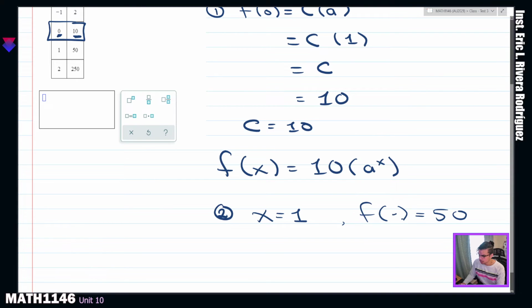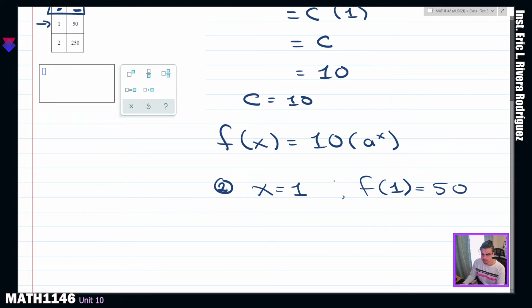So I'm using now this one. From that information, now we can find the value of a, because f of 1, I'm not going to put 50 just yet, I'm just going to follow what we have here: 10, open parentheses, because I want to make the distinction between the value of c and the base, so a raised to the power of 1.